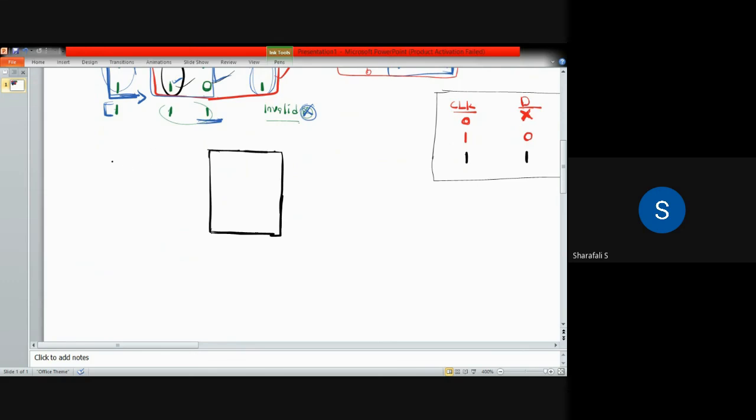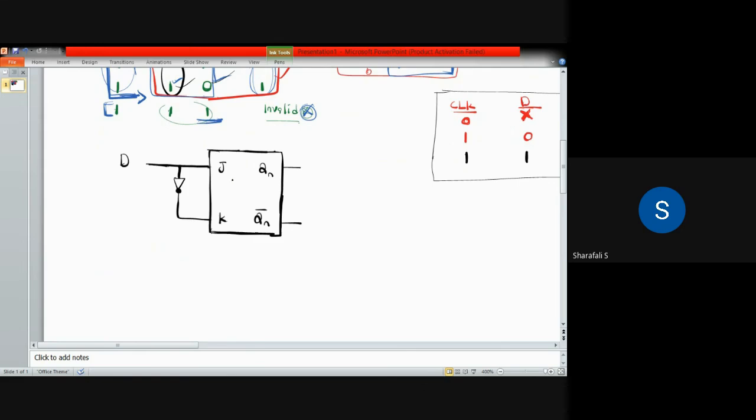So let's consider this as your D, and that is the only single input given to this circuit. So this will be J and K now, your inputs, and this D will be inverted and given to K. Here also we'll have two outputs, Qn and Qn bar.